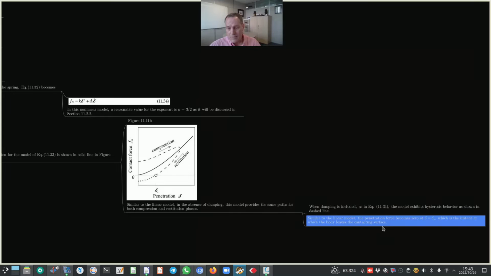Similar to the linear model, the penetration force becomes 0 at delta S, which is the instant at which the body leaves the contacting surface, and so this portion of the restitution phase should not be included in the model.